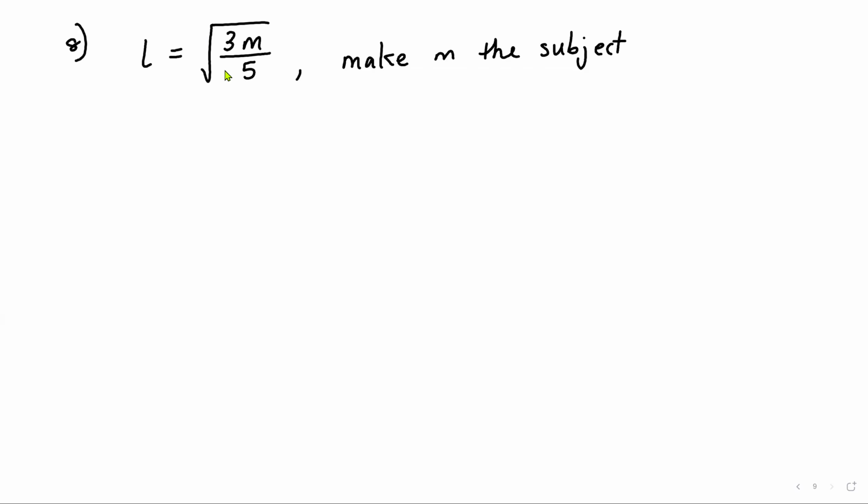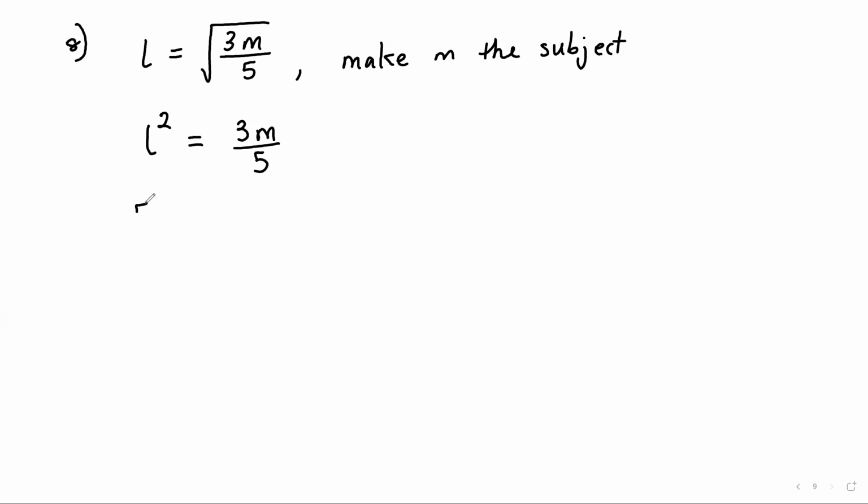So the square root of this entire thing inside here. So the first thing that you would have to do is undo the square root, which means you'll have to square. So this will end up being L squared is equal to 3m divided by 5.